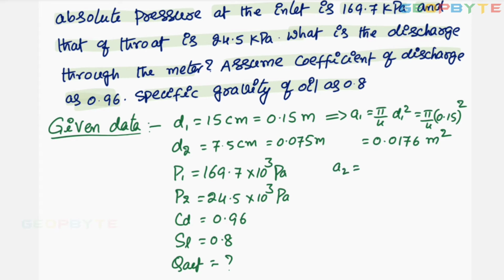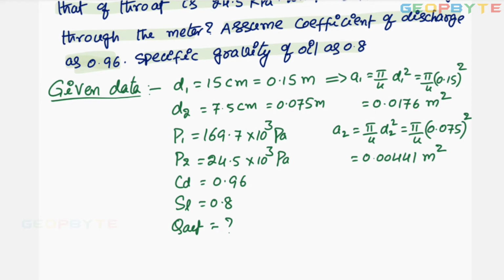Similarly, find A2, pi by 4 into D2 square, pi by 4 into 0.075 whole square. The A2 value I got is 0.00441 meter square. You simplify it.